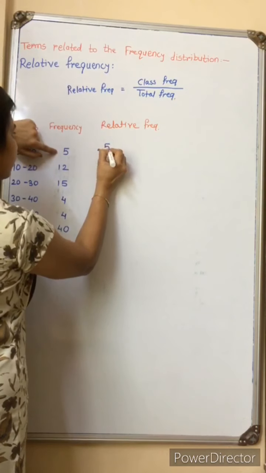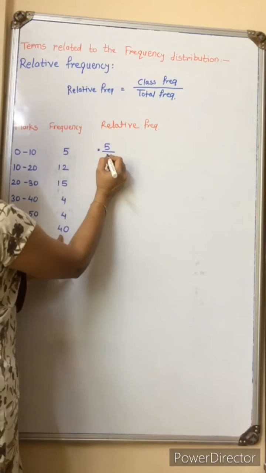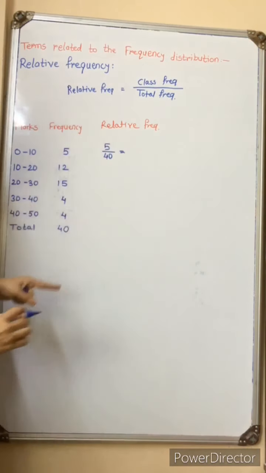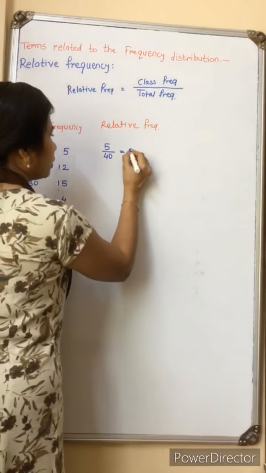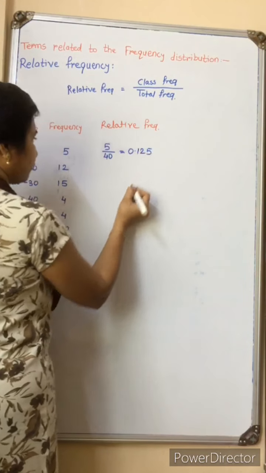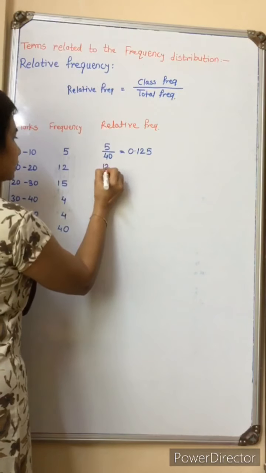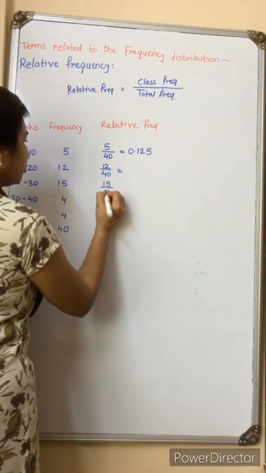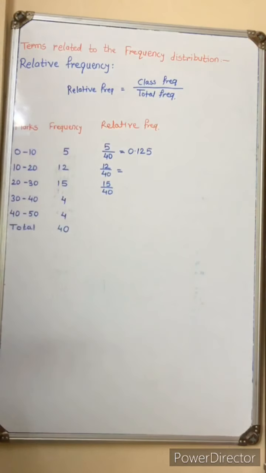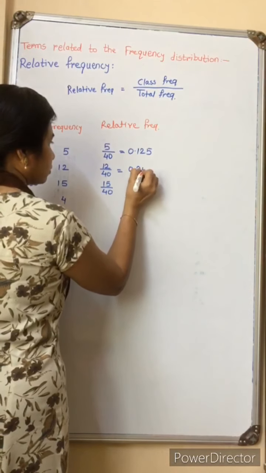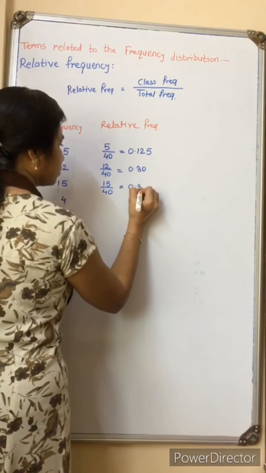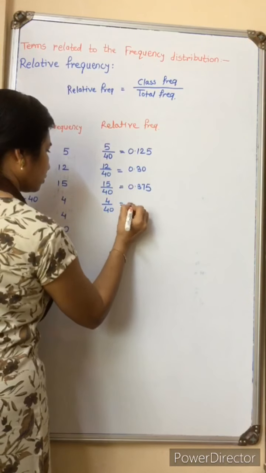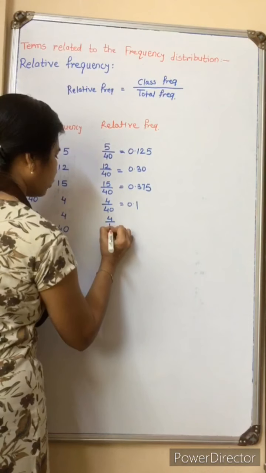Class frequency is 5 on total frequency 40, and the answer is 0.125. For the next class it is 12 by 40, 15 by 40, then 4 by 40, then again 4 by 40.